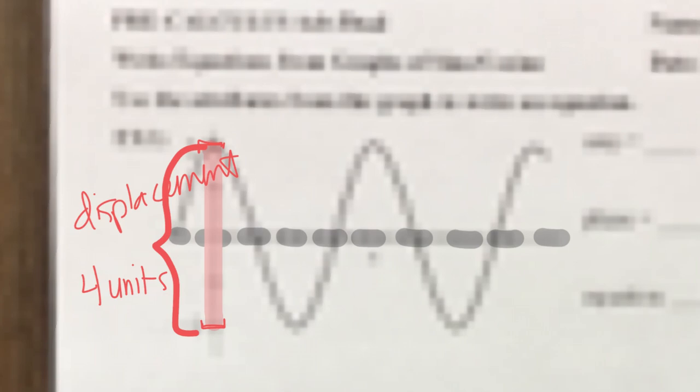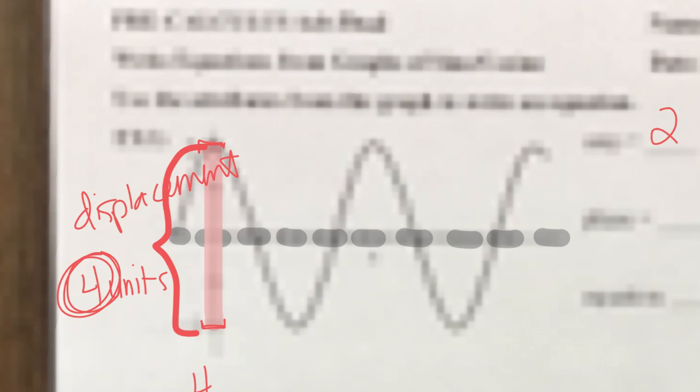The total displacement of this graph is 4 units. So the amplitude is always half of the displacement. If we divide that by 2, then we have an amplitude of 2, and we can put amplitude in there.